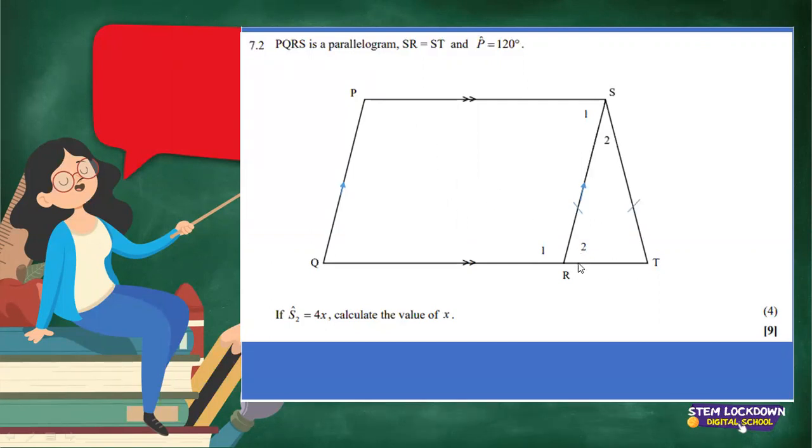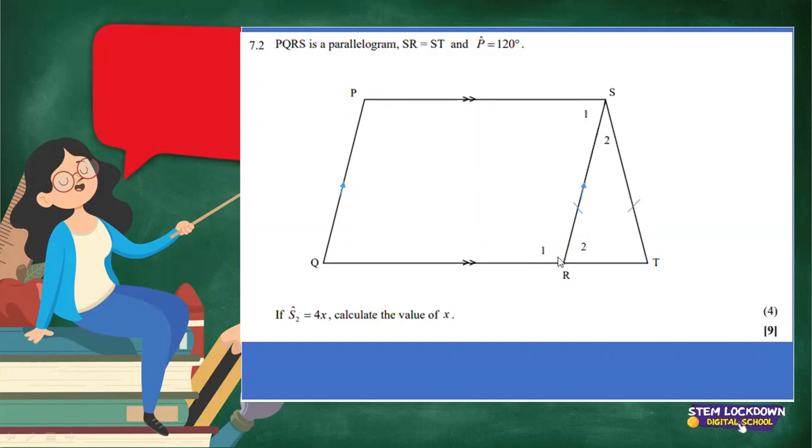Anyway, let's carry on. So what is the balance of this here? Remember, R1 plus R2 must give you 180. So 180 minus (90 minus 2x) will give you 90 plus 2x.